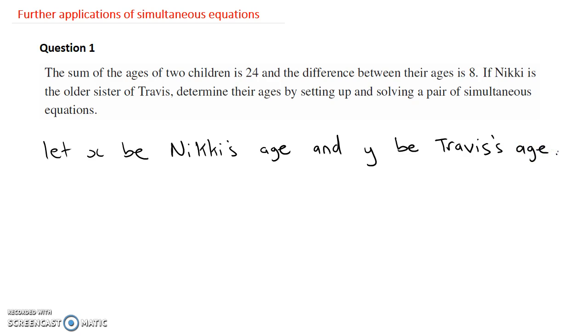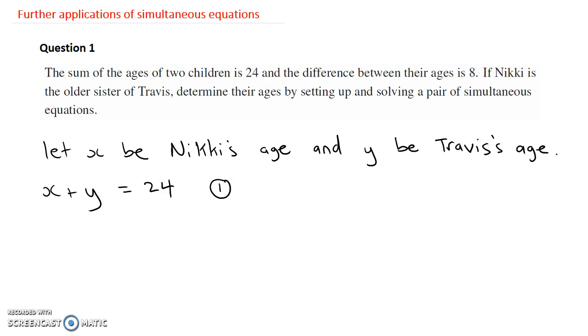Alright, our next step is to write down two equations from the information that we've been given. So we know that the sum of the ages, so the sum of the age of Nikki and Travis is 24. So we can write our first equation, x plus y equals 24, and let's call that equation 1.